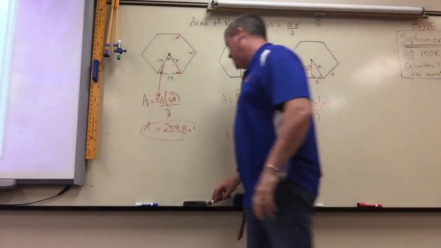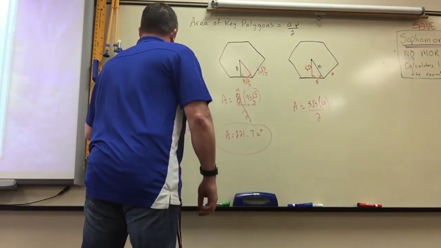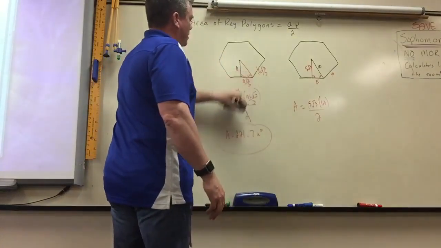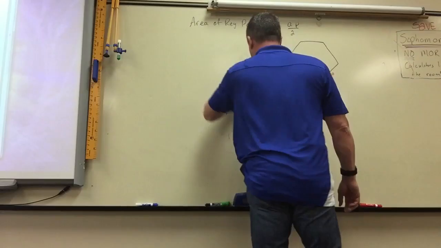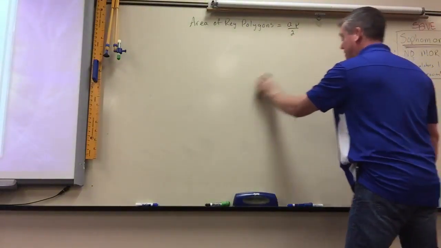Now, the pentagons are a little bit tougher. So for these, you want to know the 30, 60, 90 rules. For the pentagons, you have to use sine, cosine, tangent.